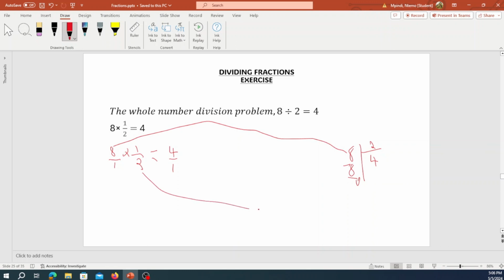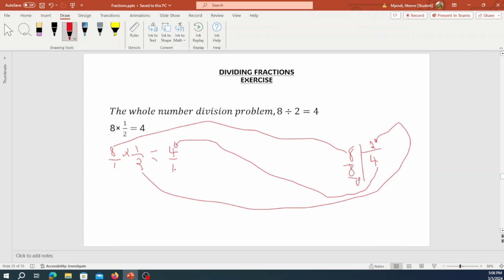This 2 is right here. This is the 2. This 4 right here. Okay? This 1 is this 1 divided by 1. That's why we end up getting this.